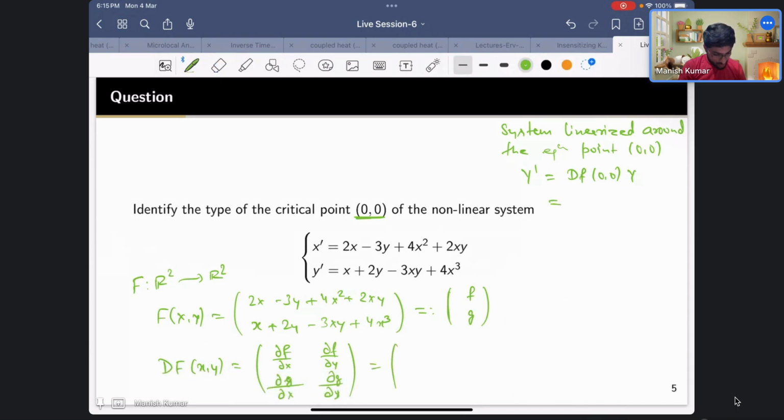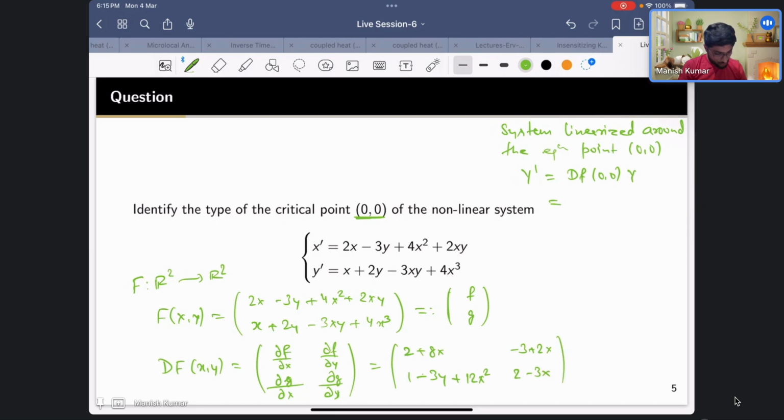So let me calculate this. This is nothing but, you see here you get 2 plus 8x, here you get minus 3 plus 2x, and here you get 1 minus 3y plus 12x square, and then here you differentiate, you get 2 minus 3x.